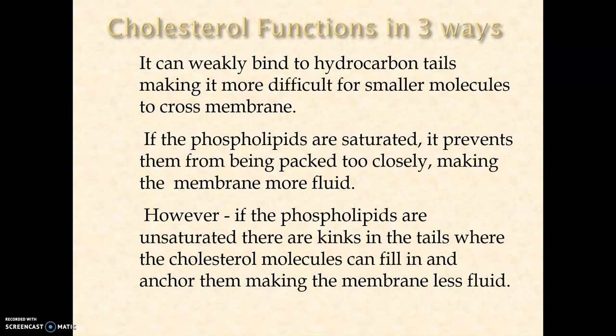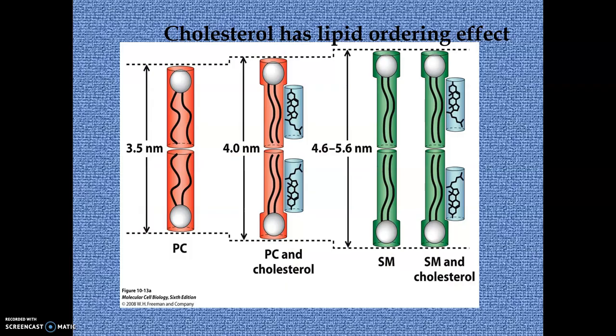These cholesterols can bind to the hydrocarbon tails and make them closely packed. You can see it in this figure here. This one is without cholesterol, phosphatidylcholine. PC is phosphatidylcholine.